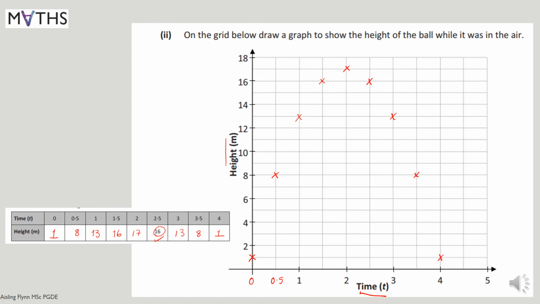And we'll join it up as smoothly as we can. As long as you have the key points plotted correctly, then you'll get your marks. So this is as expected. It was a negative quadratic function which is hill shaped, and it should be symmetrical. You'll do a better job of that than I.